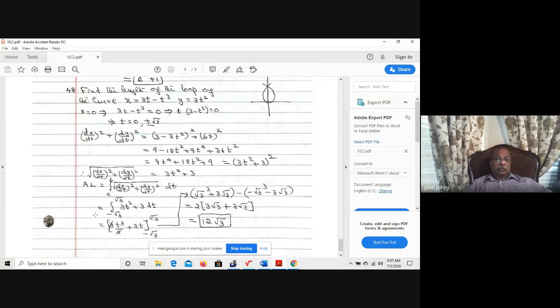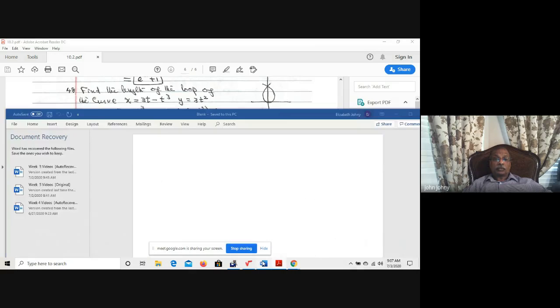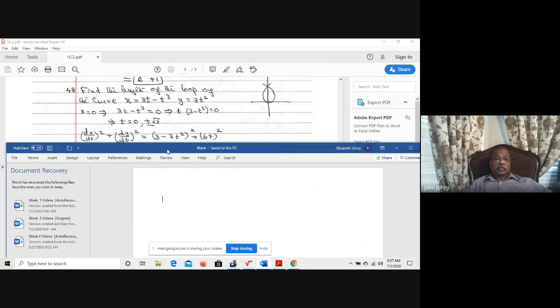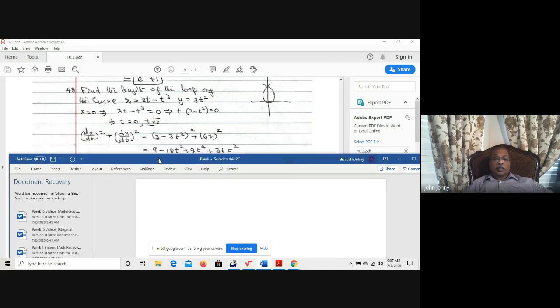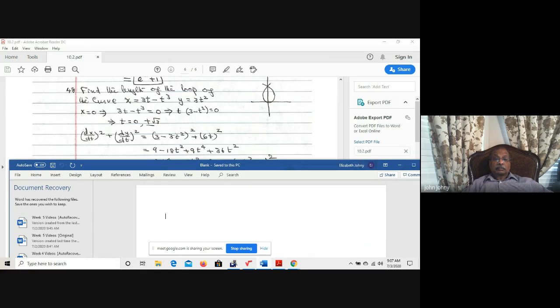Okay, so now you have to find dx over dt the whole square plus dy over dt the whole square. That is equal to dx over dt, 3 minus 3t square, the whole square, plus dy over dt, 6t, the whole square. So this is 9 minus 18t square plus 9t to the 4, since a minus b the whole square is a square minus 2ab plus b square, plus 36t square.